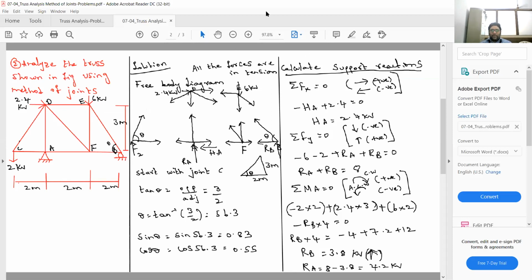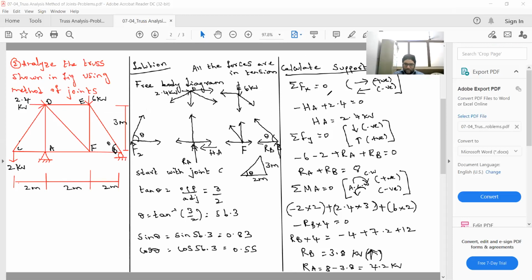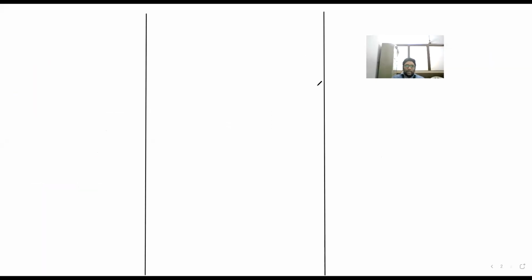Okay. So joint E. So this is 6 kilonewton.